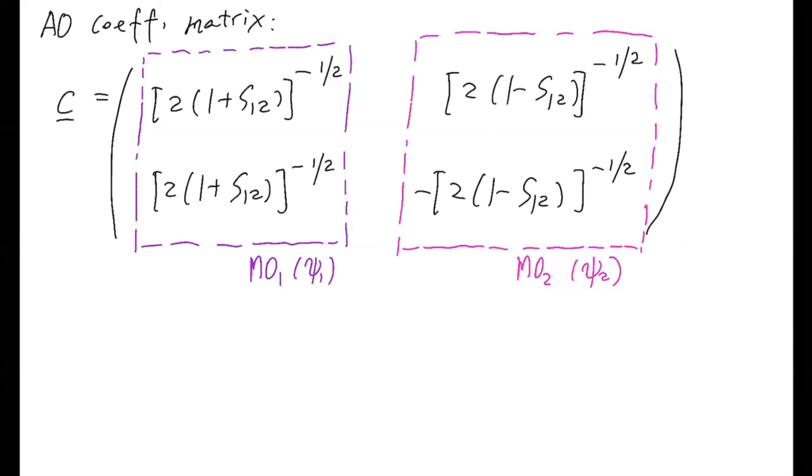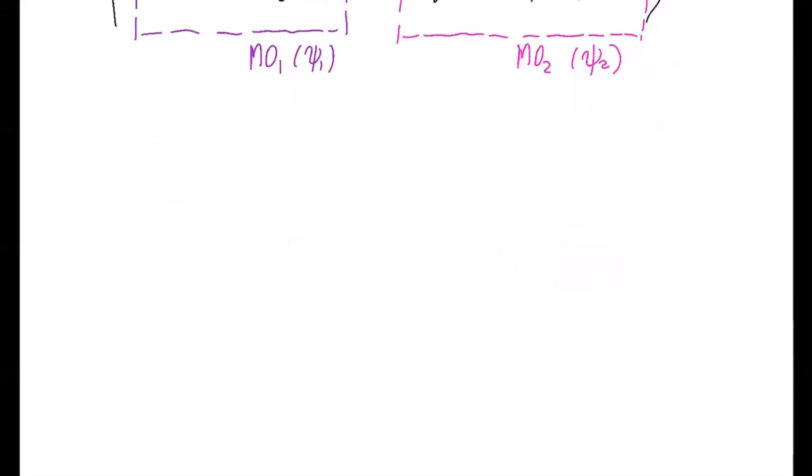Again, for a general polyatomic molecule without any specific symmetry, you have to guess this C matrix first and go through the self-consistent field cycle. Then you can get a converged solution of this C matrix, which determines the molecular orbitals. So let me just write down what I just said.